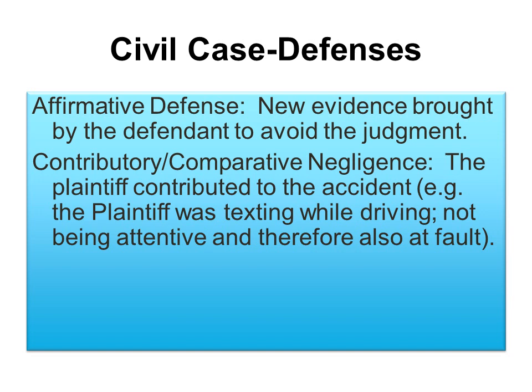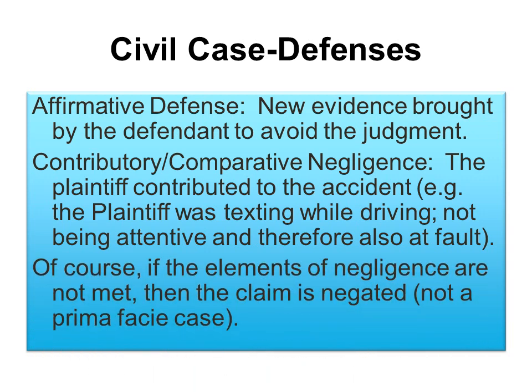There are two types of negligence used in America: contributory and comparative negligence. So if the defendant has evidence that shows that the plaintiff had contributed to the accident, maybe the plaintiff was texting and driving, not being as attentive, and so the plaintiff shares some of the liability or fault in this accident having happened.